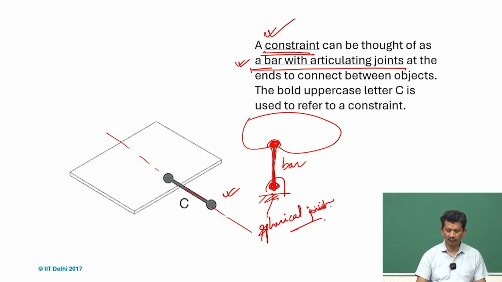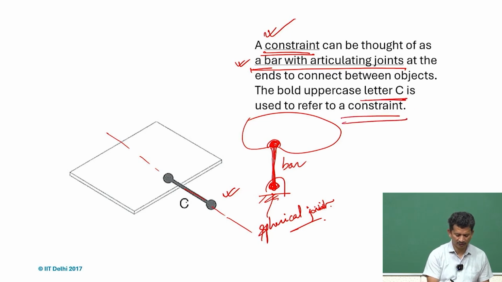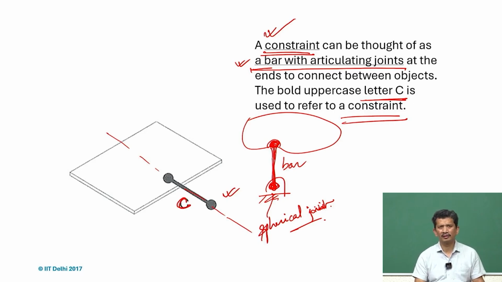So, that is what we mean. The bold uppercase letter C can be used to represent a constraint. This is a way to represent it and is referred to in many books talking about constraint and degrees of freedom.